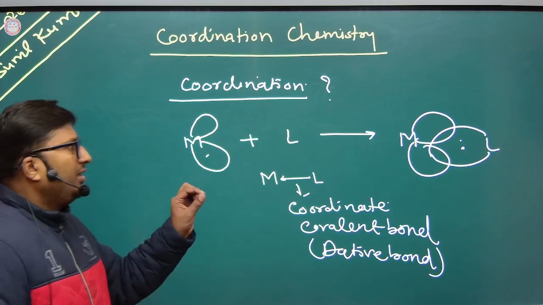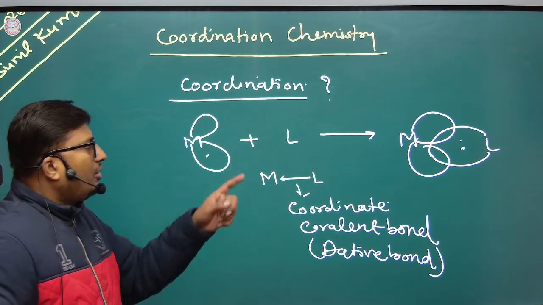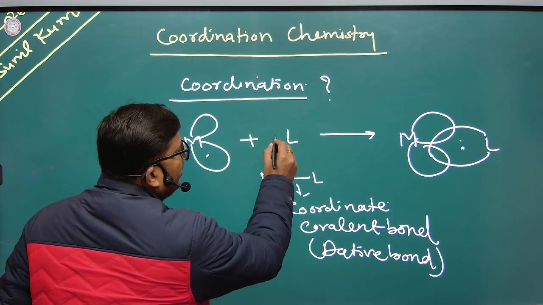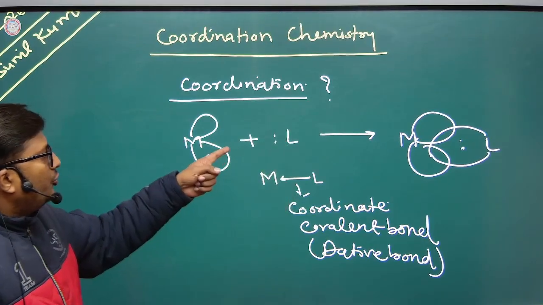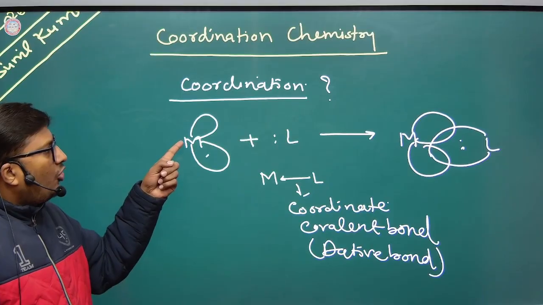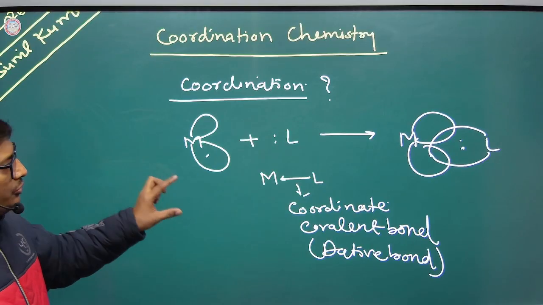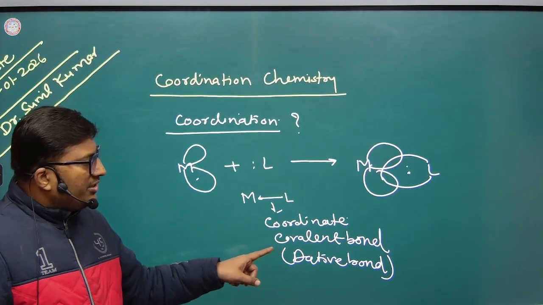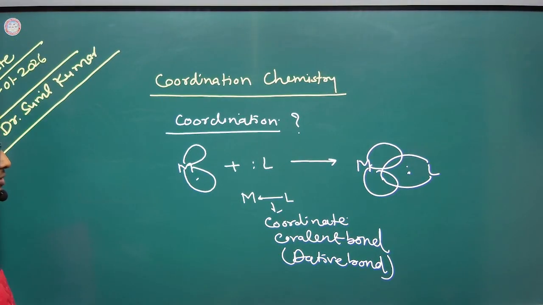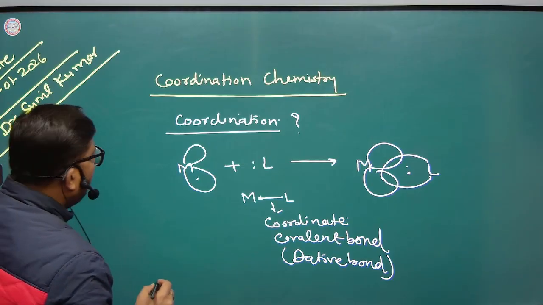Here a pair of electrons from the ligand orbital is donated to the vacant orbital of the metal, forming a special type of bond called a dative bond. Okay. So let us consider one example.